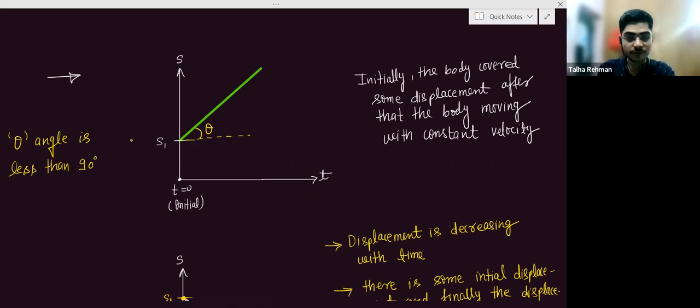Remember, if your theta is less than 90 degree, then velocity will be positive.